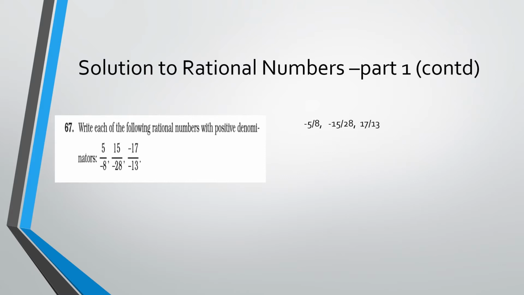Question number 67. Write each of the following rational numbers with positive denominators. See, I have taught you that if the denominator is negative, you'll have to change it to its standard form, where you need to multiply the numbers in the numerator and denominator by -1.